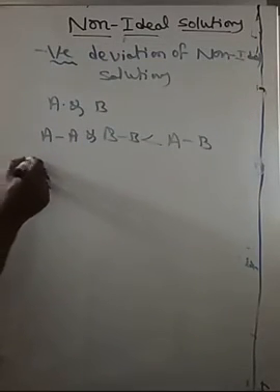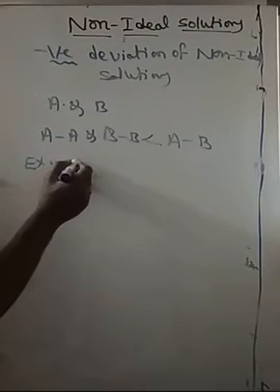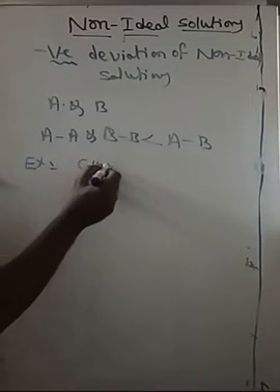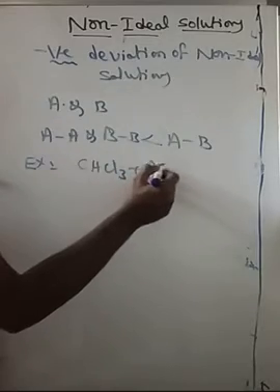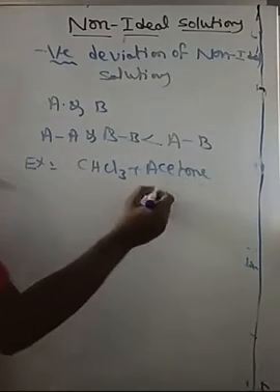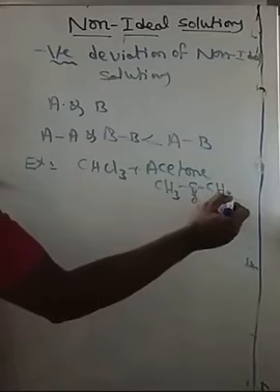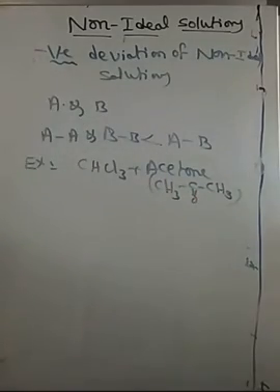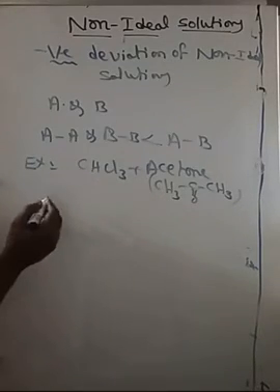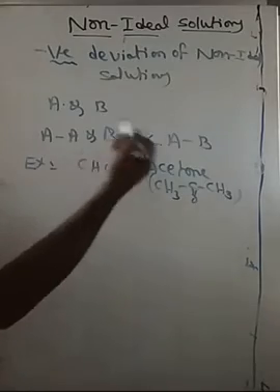For example, one of the examples we can take is chloroform plus acetone. We already know the acetone formula, CH3COCH3. So this mixture of components acts as a negative deviation. Now you observe, before intermixing and after intermixing.